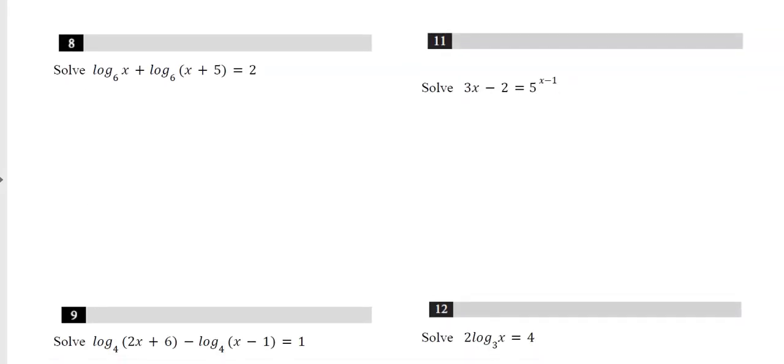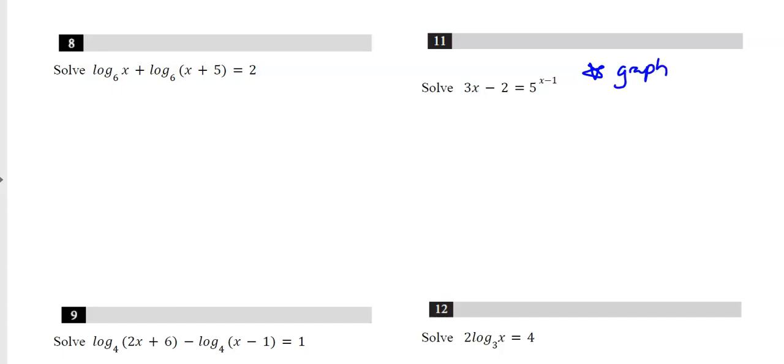Number 11. This one, we ended up having to graph because it was pretty nasty. I tried to take a log of both sides, but it became really rough because there were x's on both sides. So this is one where I give you a hint, and I said, hey, let's graph this.